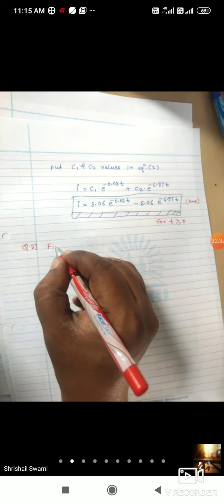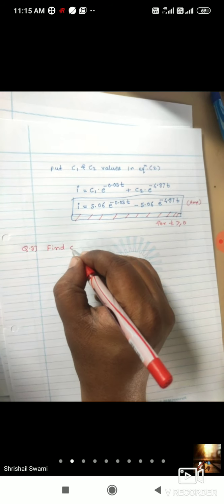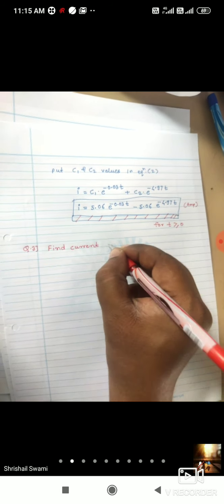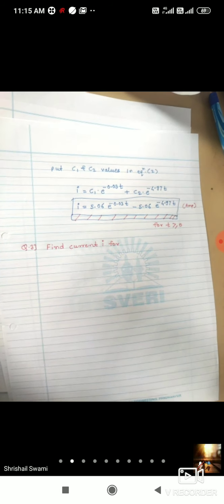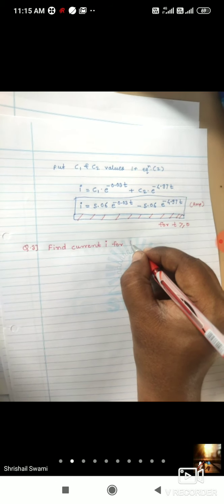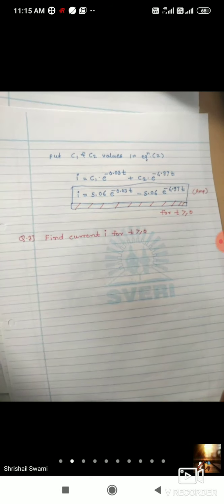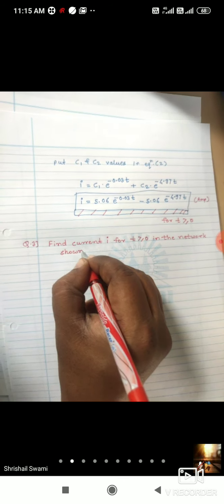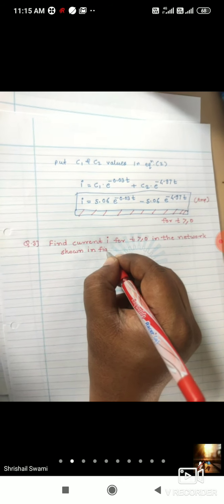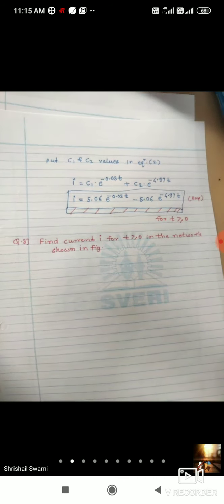Find current I for t greater than or equal to 0 in the network shown in figure.